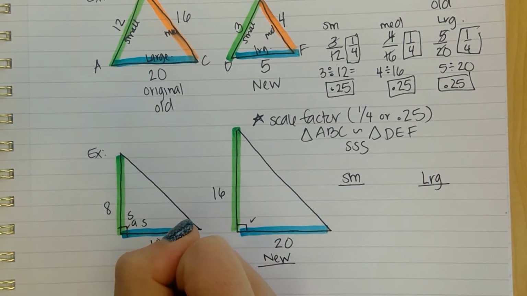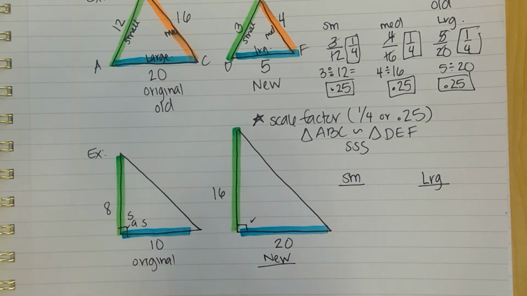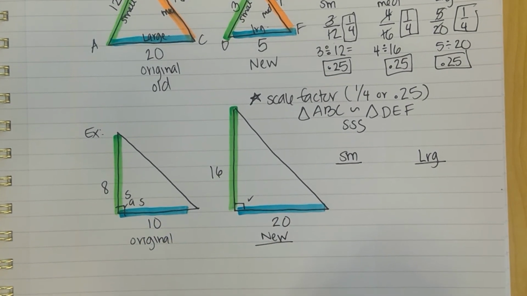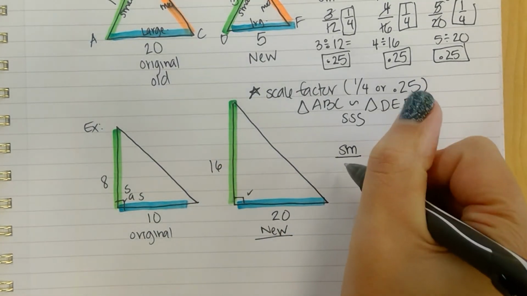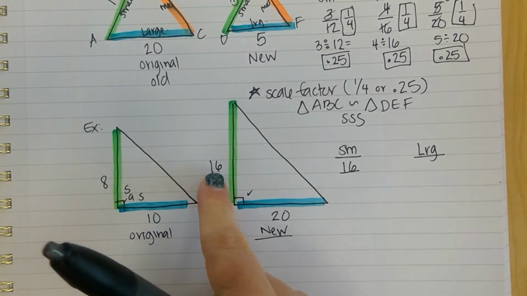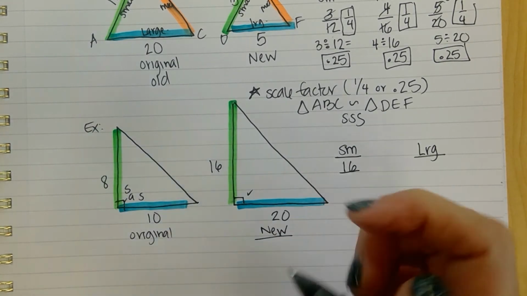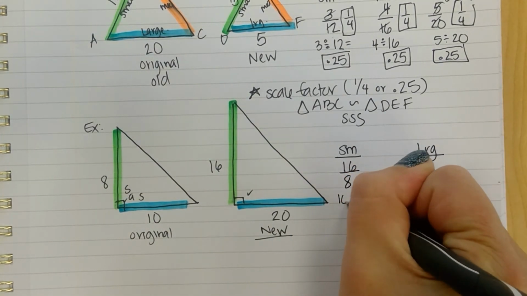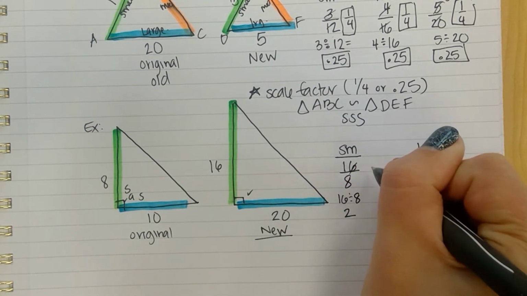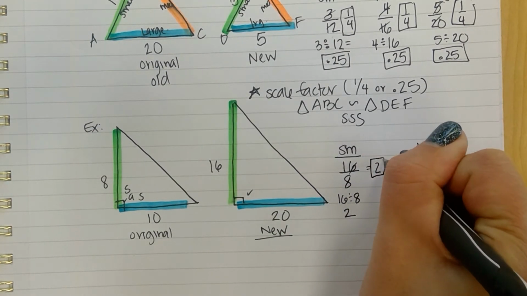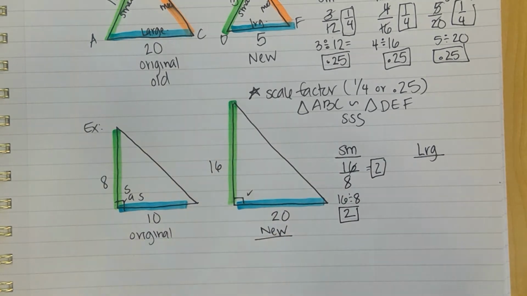The original is my smaller one. So my new smaller side is 16. 16 corresponds to 8. 16 divided by 8 is 2. So what I get in this problem, my scale factor is 2.